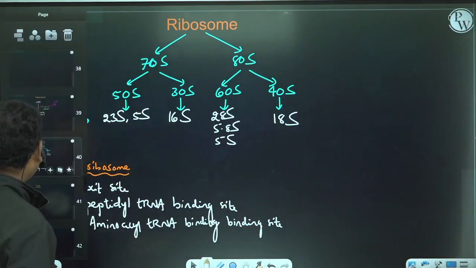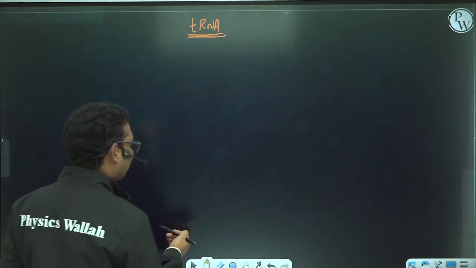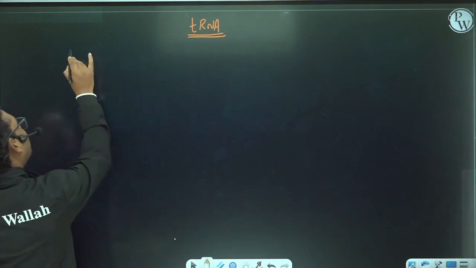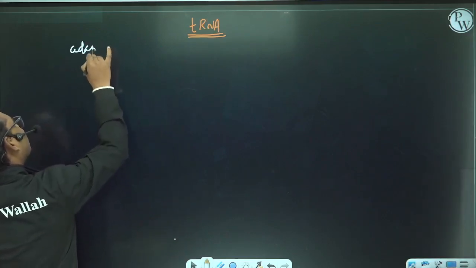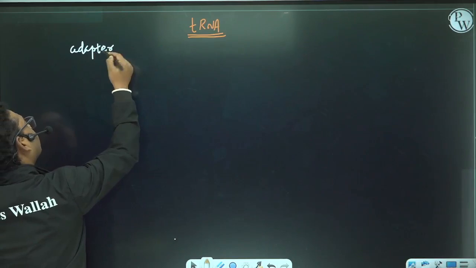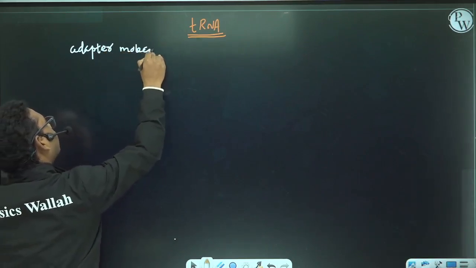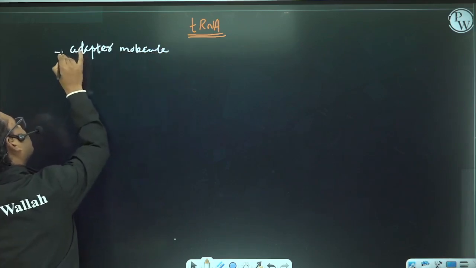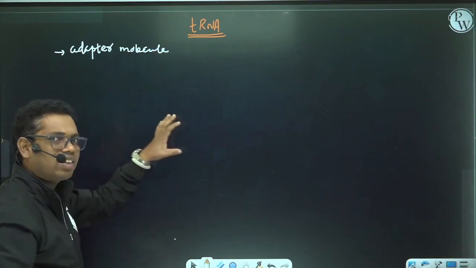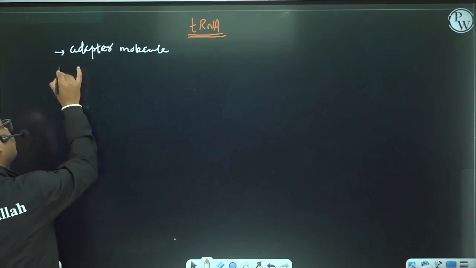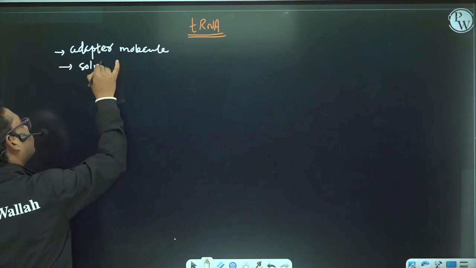Okay, so what about tRNA then? This tRNA is also called an adapter molecule. Why is it called an adapter molecule? Because it transfers amino acids to the ribosome. This is why it is called an adapter molecule. And this is also known as soluble RNA.